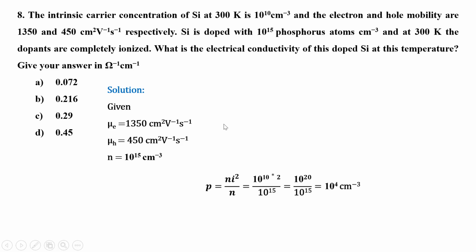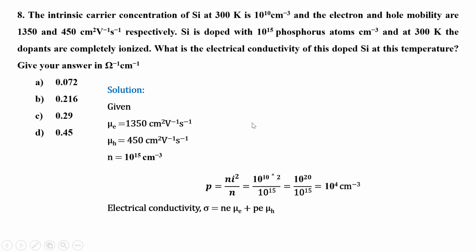So now we have the n value, p value, electron mobility, and hole mobility. So electrical conductivity will be n e mu_e plus p e mu_h. In an intrinsic semiconductor, it is n_i e into the whole bracket mu_e plus mu_h, but that is the intrinsic case.